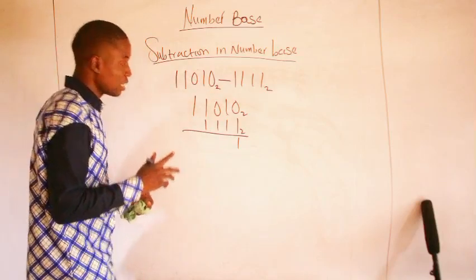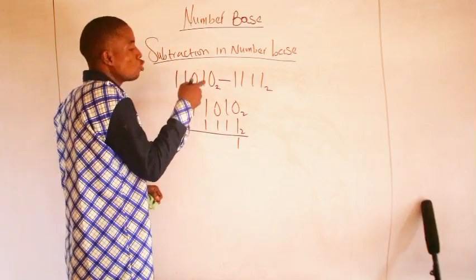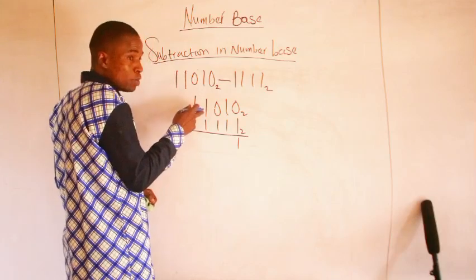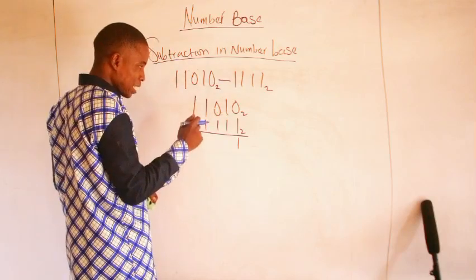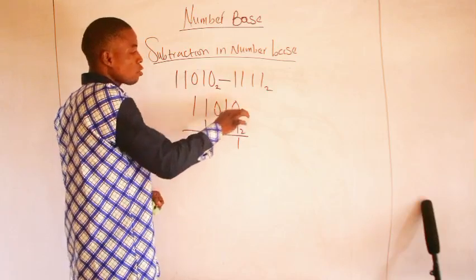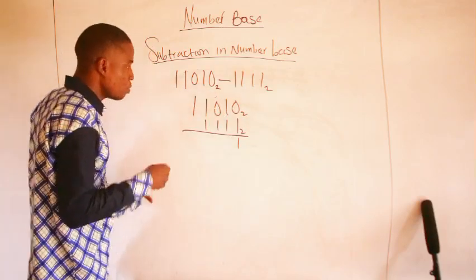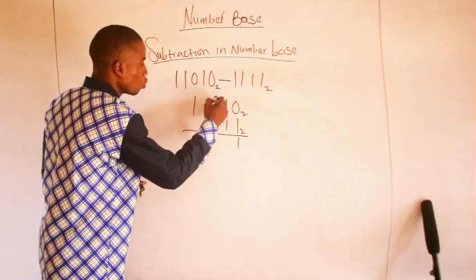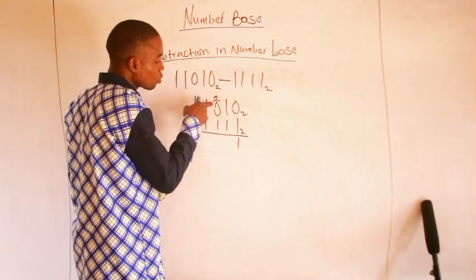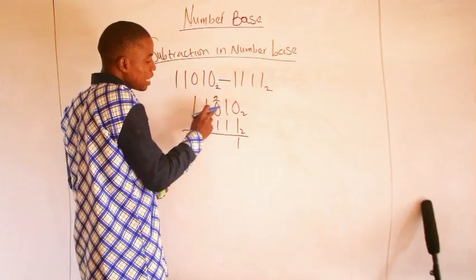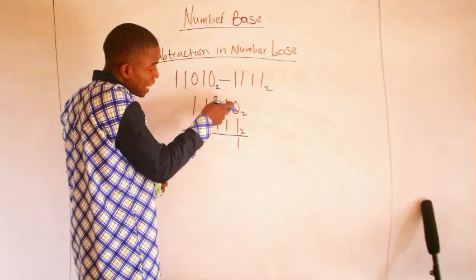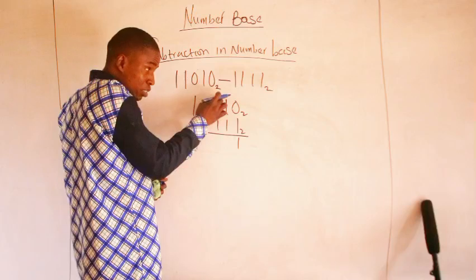Now, you come here, you borrow. When you borrow 1 from this one, it will turn to base. Notice that. It will be base 2. Now, the base 2, you need this one. Because you are going here, borrow 1 from this 2 again.